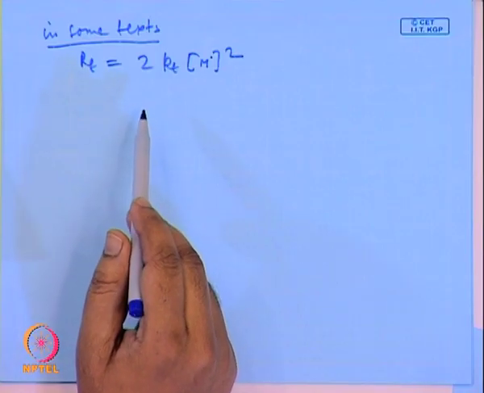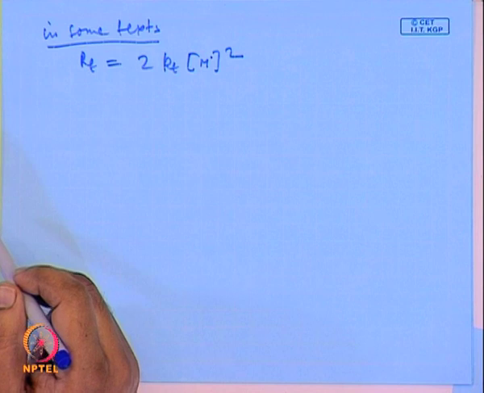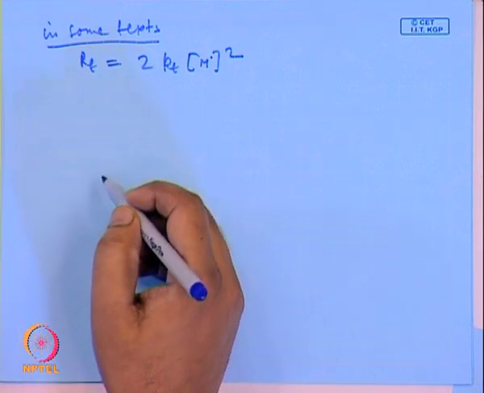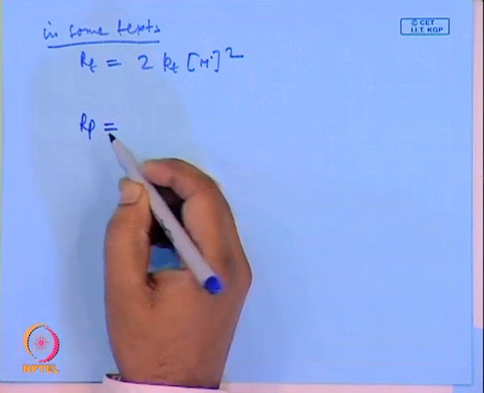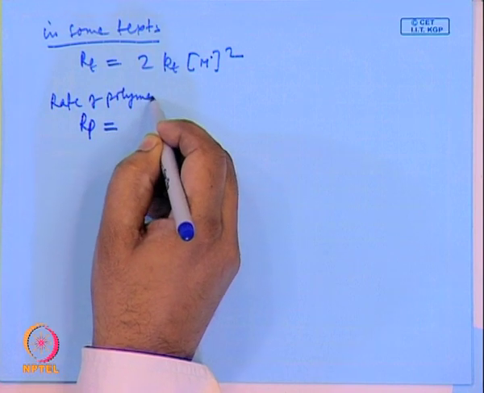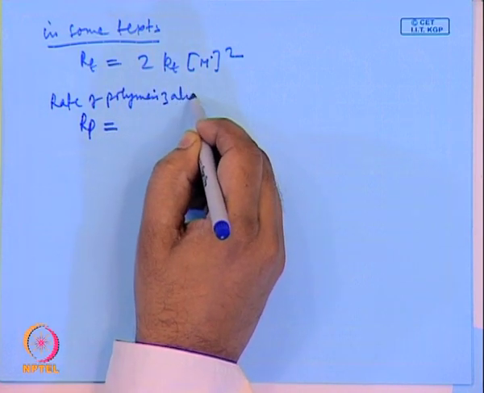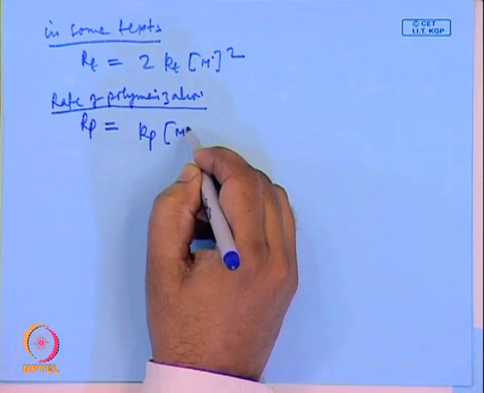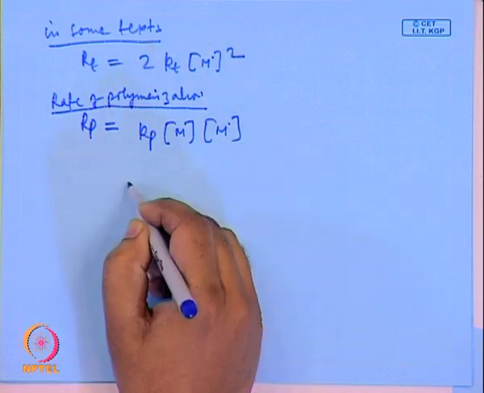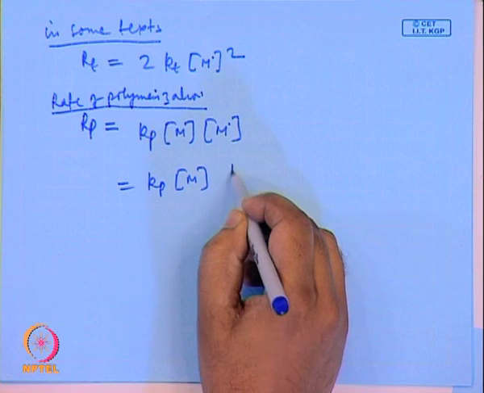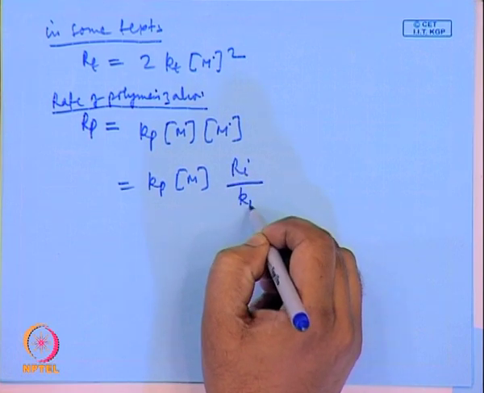We will come back to the rate of initiation when we write the expression for Ri. So, Rp, the rate of polymerization, we have deduced earlier as Kp m times M dot, which will now become Kp m times the square root of Ri by Kt.